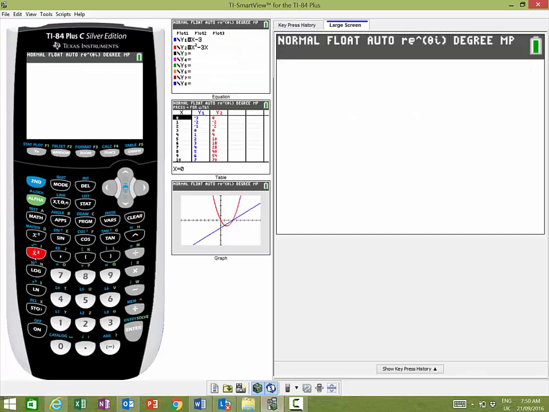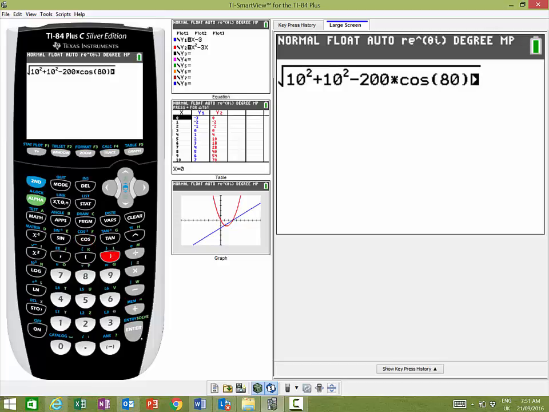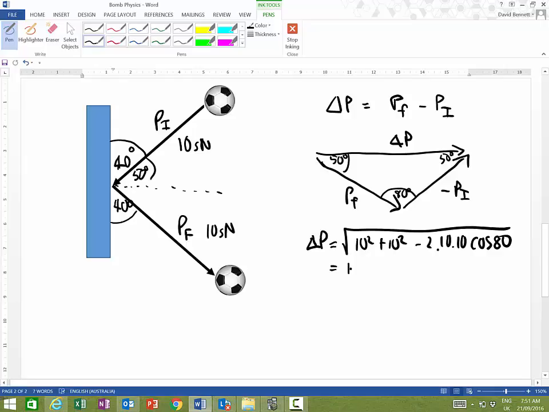Square root of 10 squared plus 10 squared, take 2 times 10 times 10, so that's 200, times cosine of 80, and that will tell you the length of that vector. So it's 12.86 N·s is the change in momentum, and that is away from the wall.